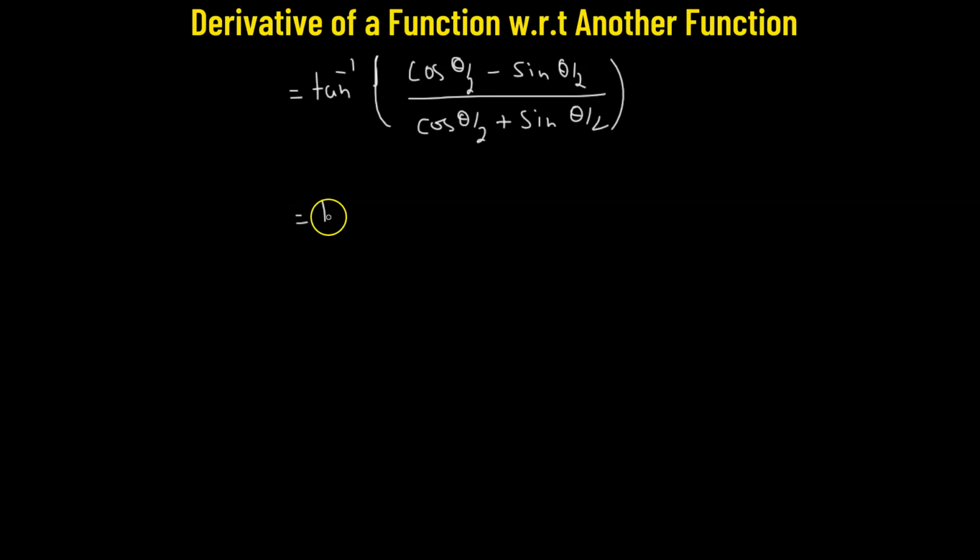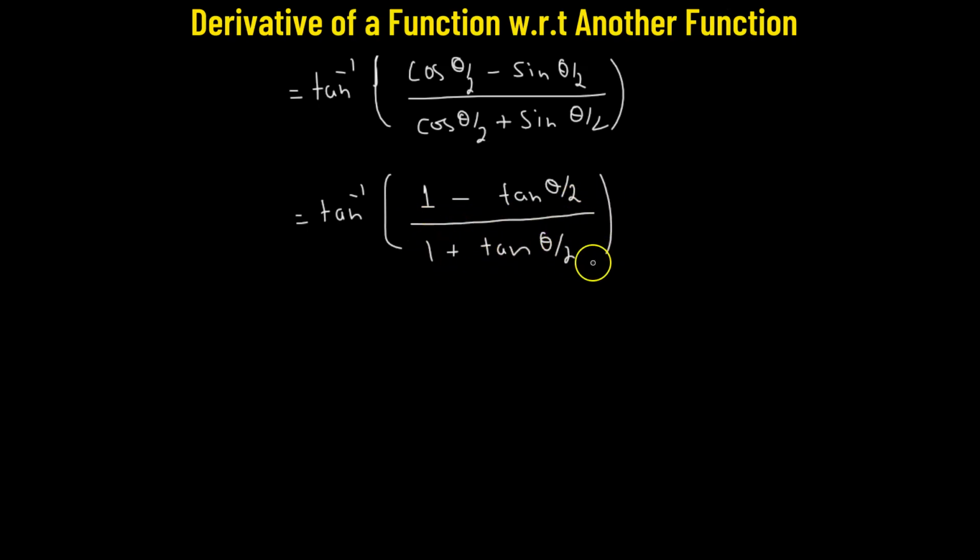That gives us inverse tangent of cosine theta over 2 divided by cosine theta over 2, which is 1, minus sine theta over 2 divided by cosine, so the ratio is the tangent function. So we have 1 minus tangent of theta over 2 divided by 1 plus tangent of theta over 2.